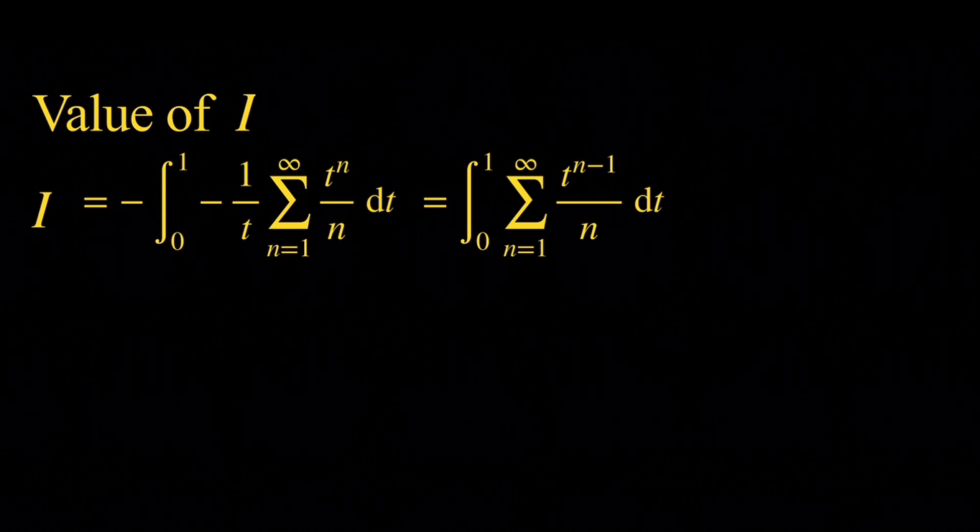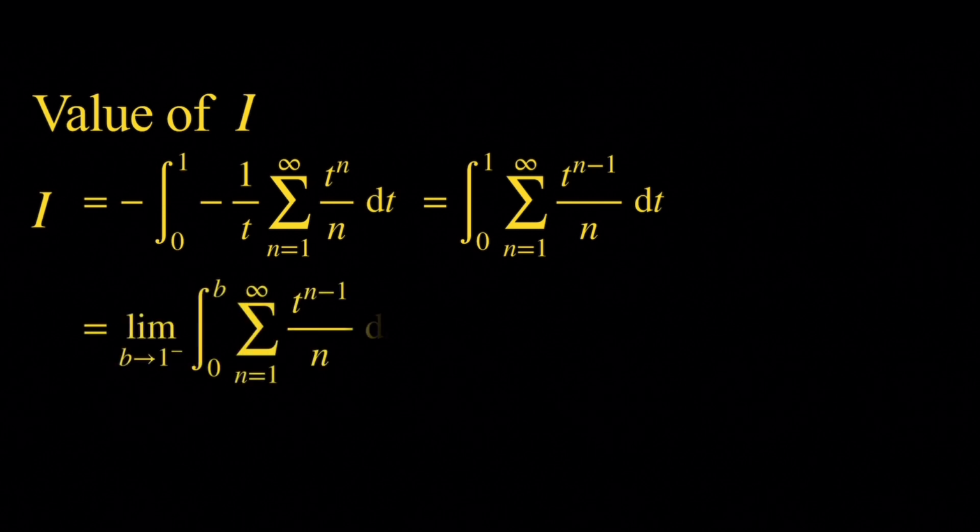Now, how do we avoid that? Well, we're going to consider this as an improper integral. And in order to compute it, we're going to take the limit as b approaches 1 from the left of the integral from 0 to b of the sum as n goes from 1 to infinity of t to the n minus 1 over n dt.